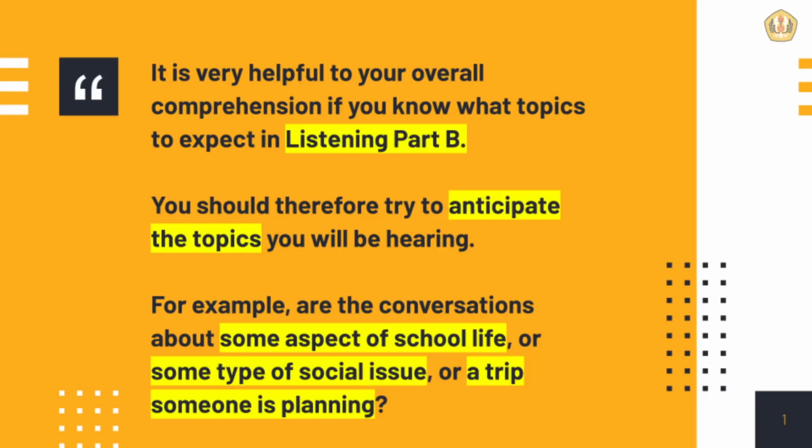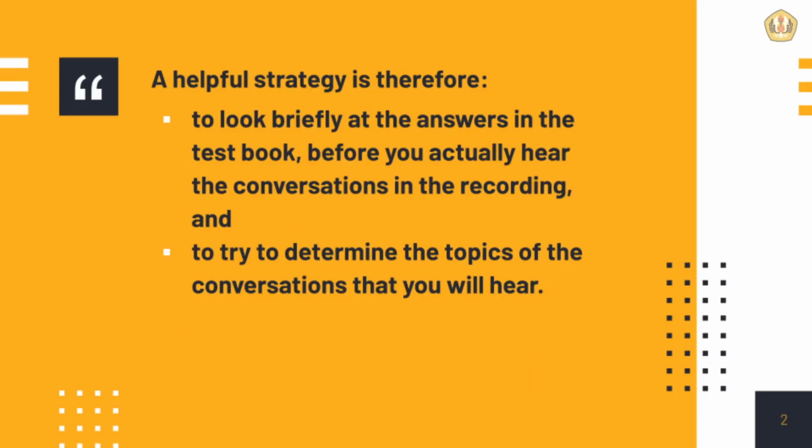And let's take a look at one example of Part B questions. Before that, the helpful strategy is to look briefly at the answers, and try to determine the topics of the conversation, right?